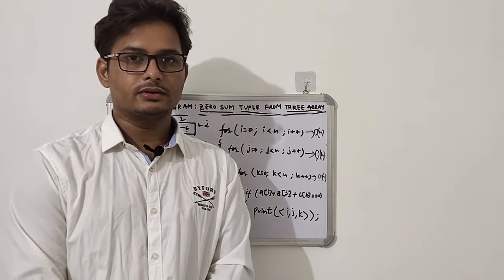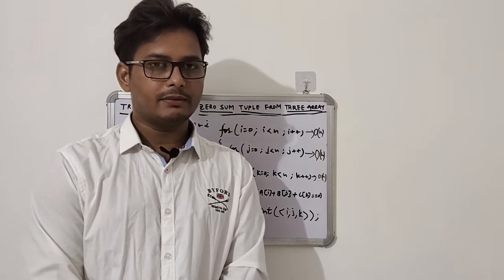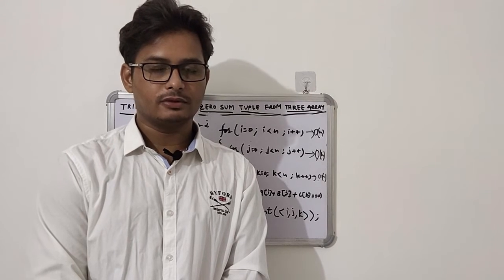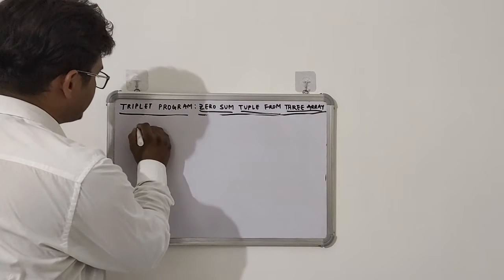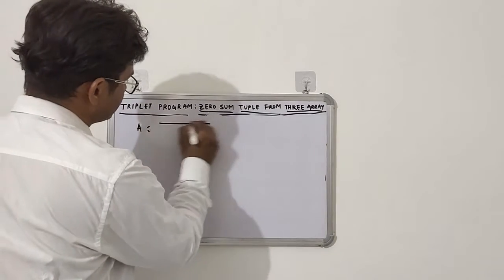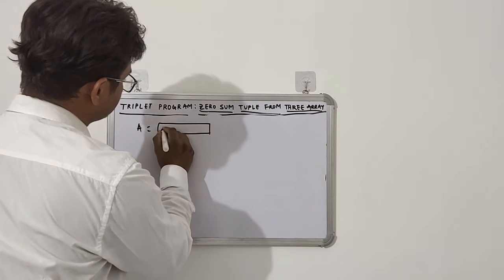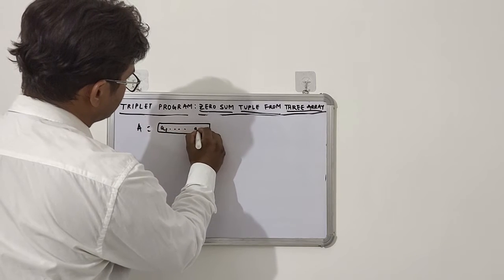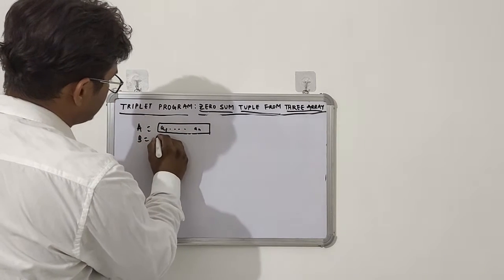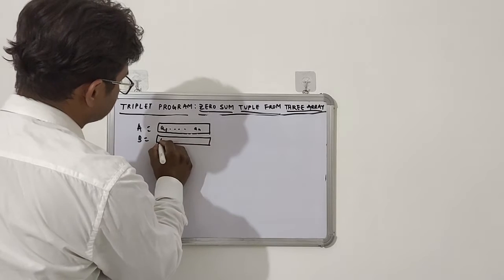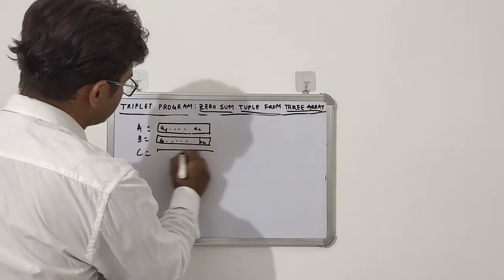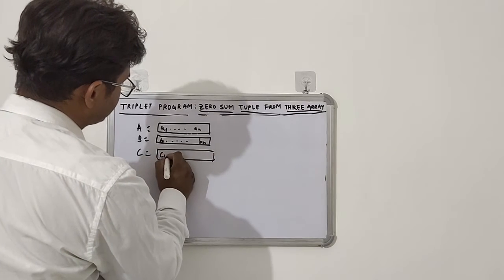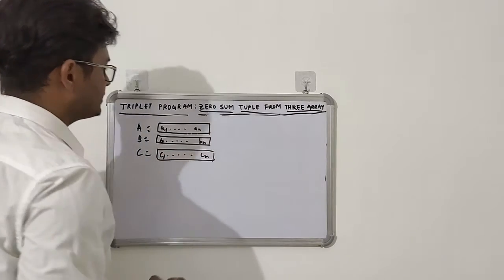Now I will show a slightly better approach to do this problem. As we have array A with elements a1 to an, array B has b1 to bn elements, array C has c1 to cn elements.